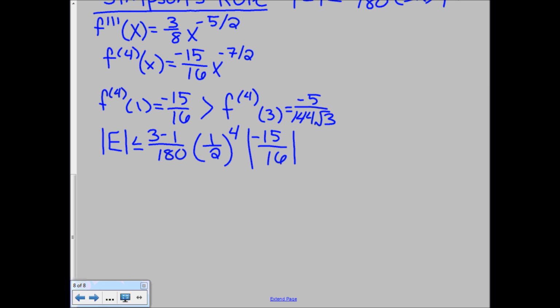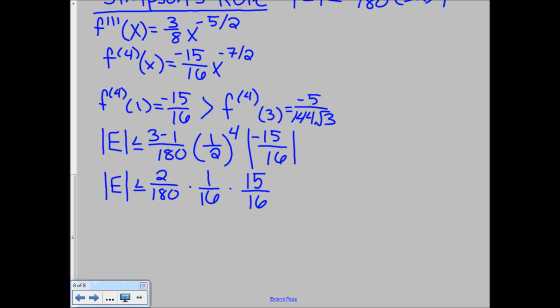Now all we have to do is simplify. The absolute value of the error is less than or equal to 2 over 180 times 1/16 times the absolute value of negative 15 over 16, which is just positive 15 over 16.